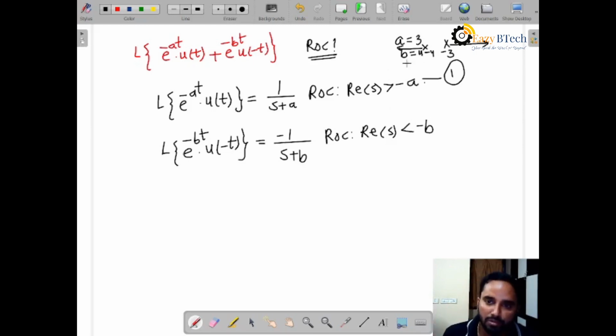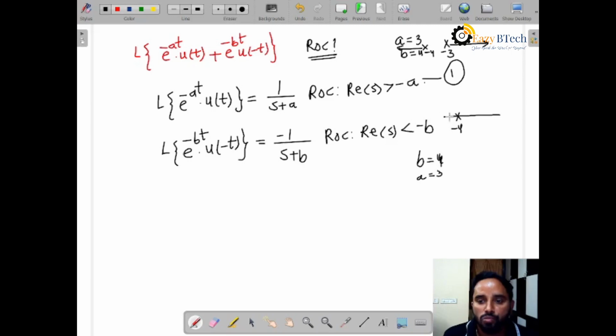For example, take it reversely: b equal to 4, a equal to 3. Check in this way. The b value is 4, so real part of s is less than -4, and greater than -3.